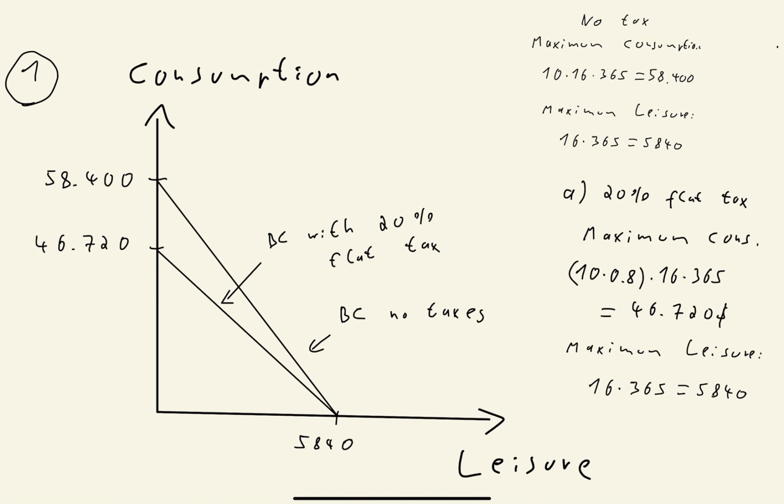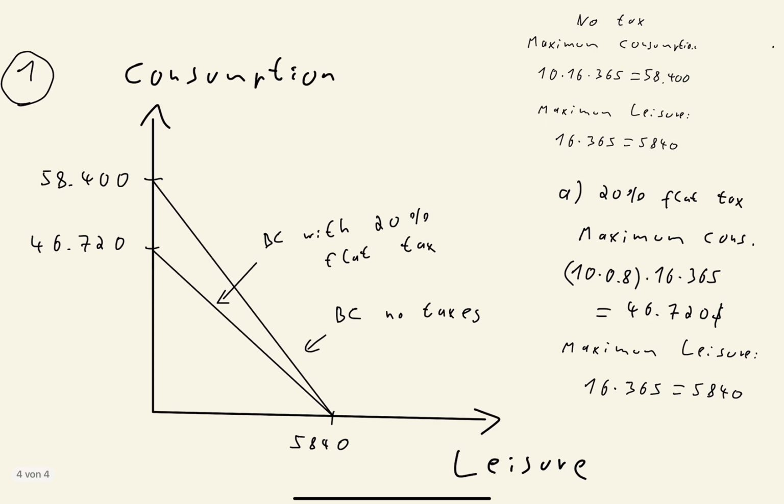The reason is that the opportunity costs of leisure are lower when you have taxes compared to a situation without taxes. Because if you consume 1 hour of leisure with taxes, you give up less money than if there are no taxes. In particular, it will be $2 less for each unit of leisure that you're consuming compared to a situation where we wouldn't have any tax. So taxes basically decrease the opportunity costs of leisure in this model.